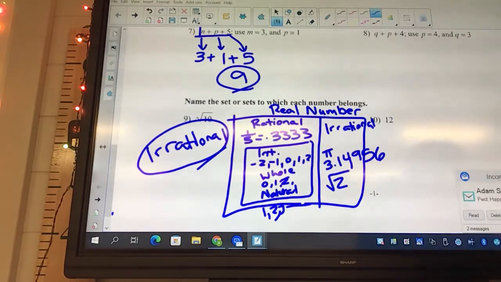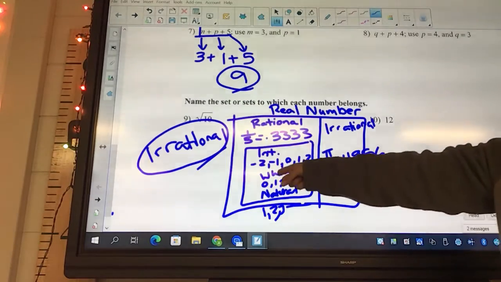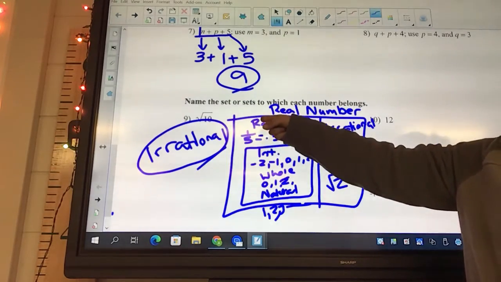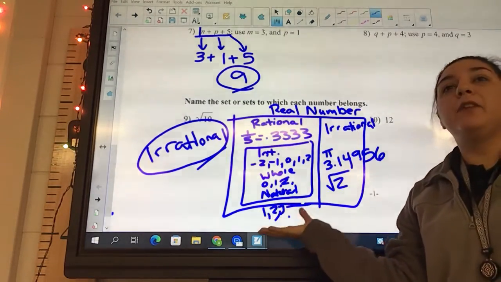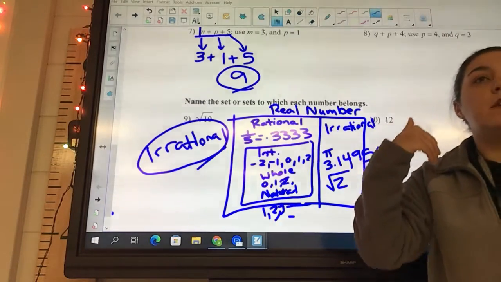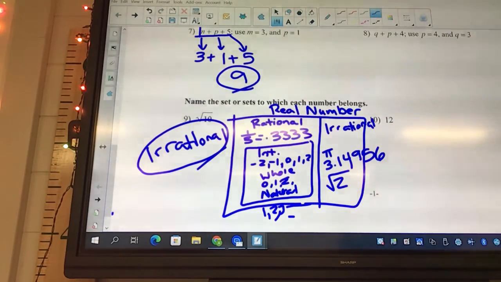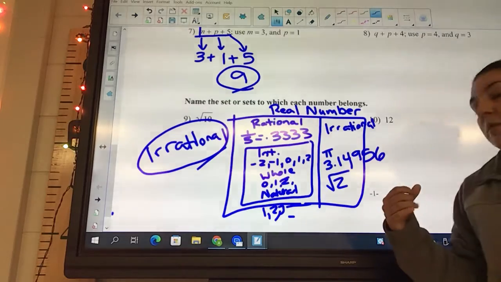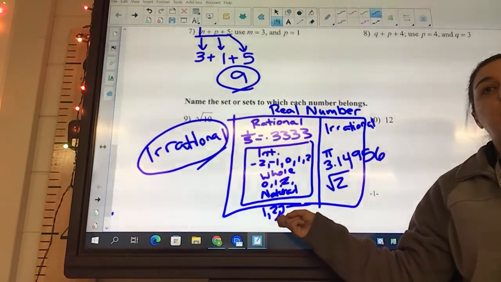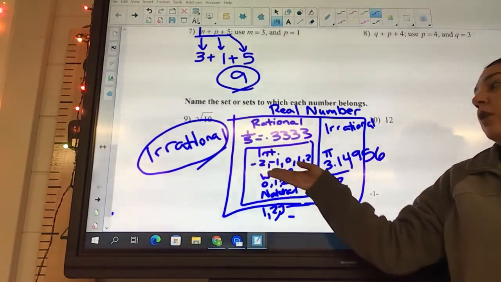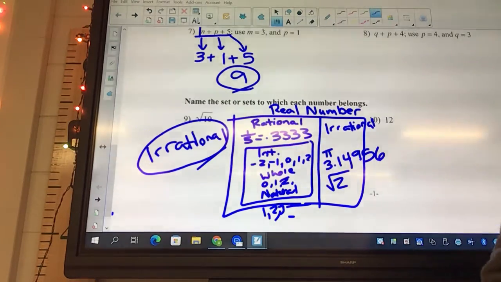So if my number is a 2, it would be natural, whole, integer, and rational. Okay, what if my number is 4? Is it natural? Yes. So then it's also whole, integer, rational. Okay, what about $1.99?